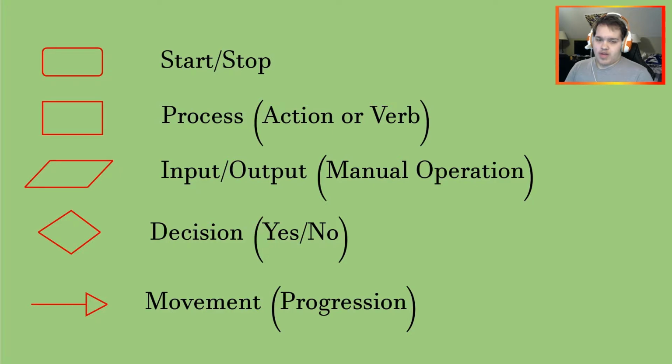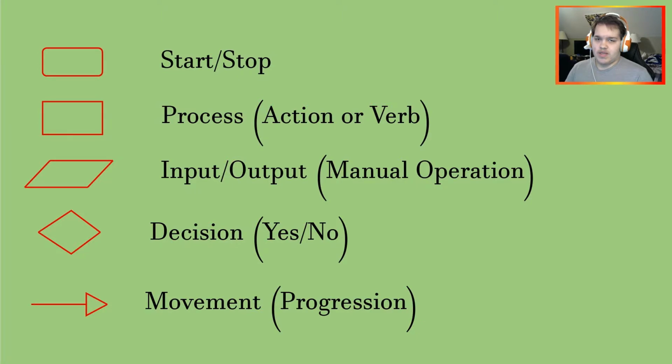A parallelogram is an input or an output, so that's a manual operation. You're going to be either putting in something or something is going to be coming out as a result of a process. And then you have a diamond, which is a decision, yes or no. If it's yes, it continues.